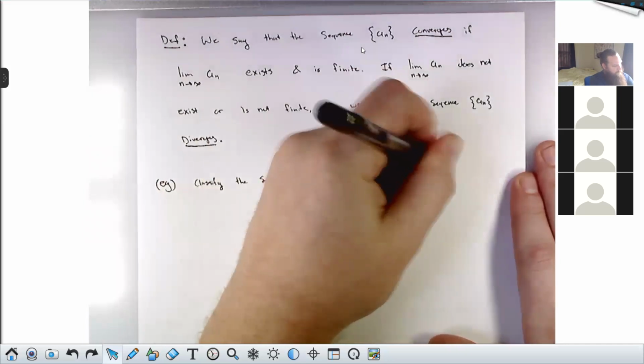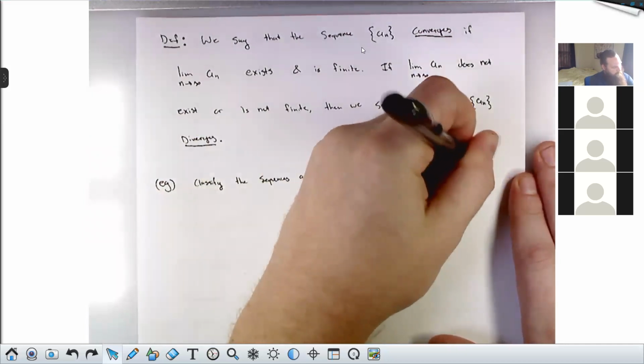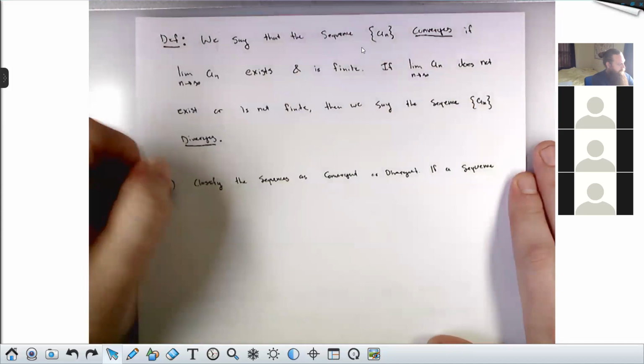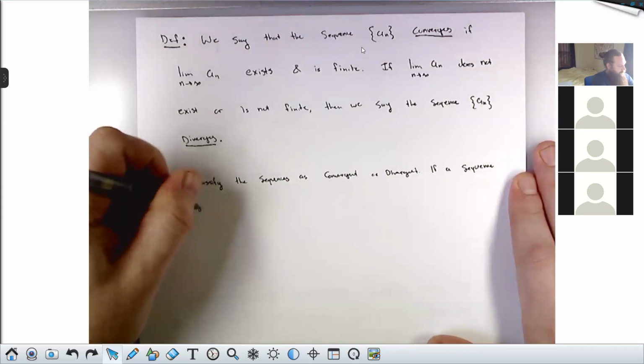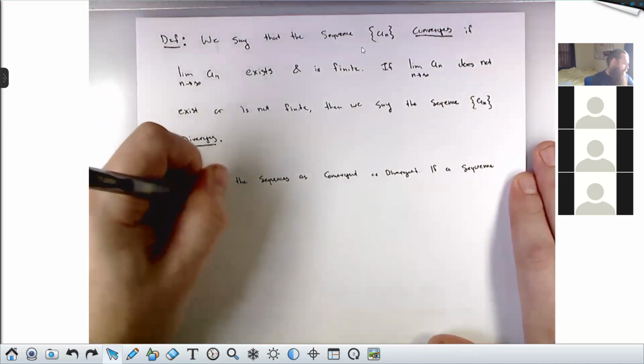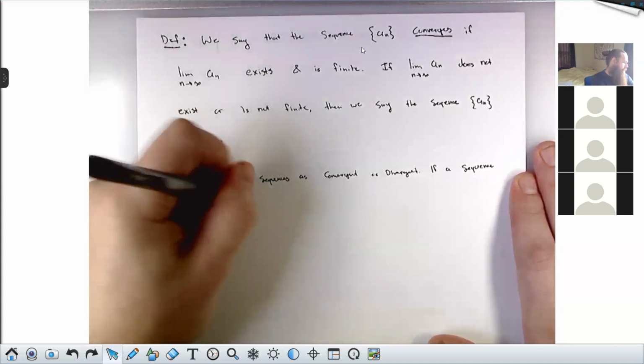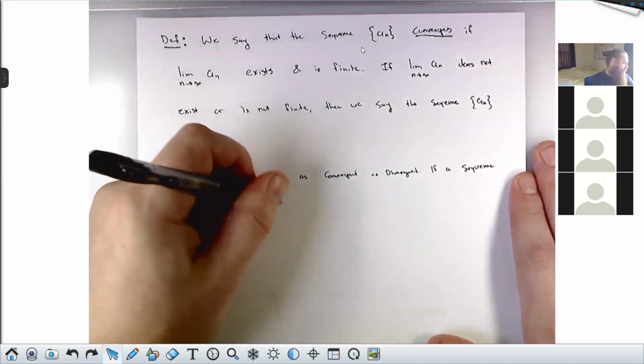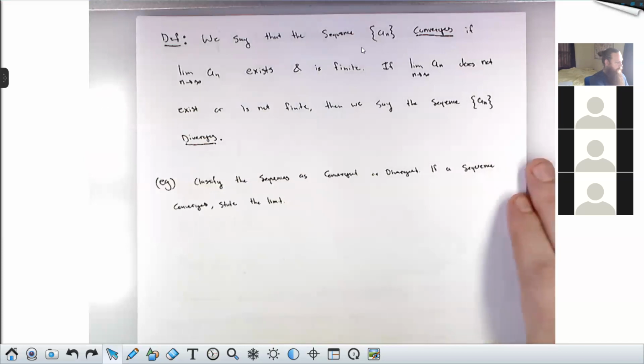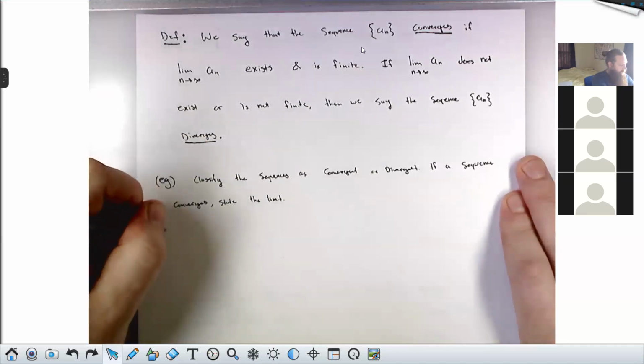If the sequence converges, state the limit. And I'll give us some sequences to play with here.